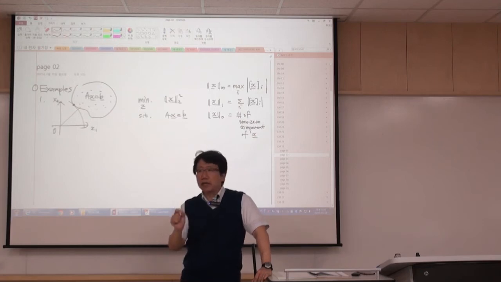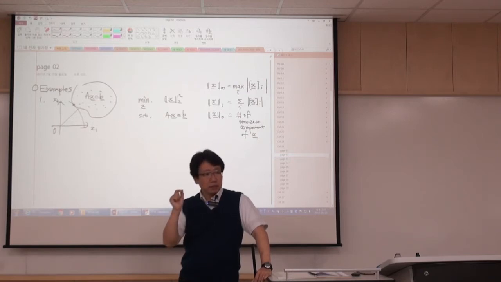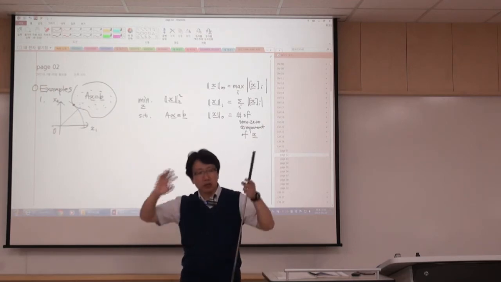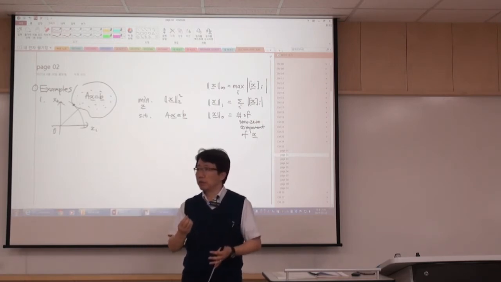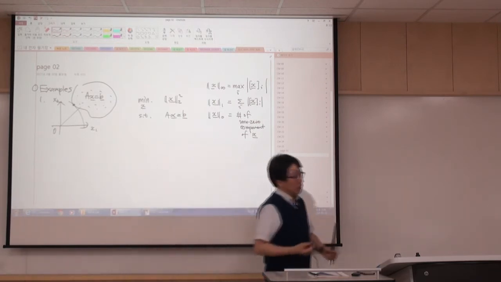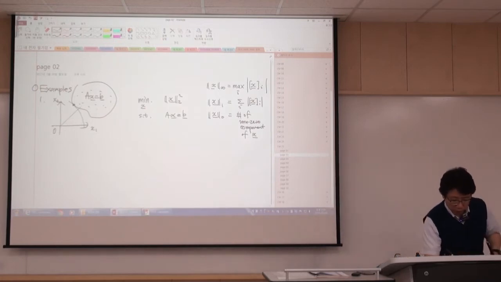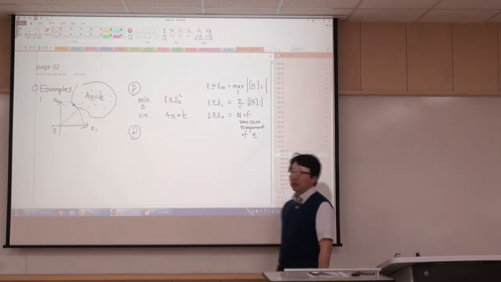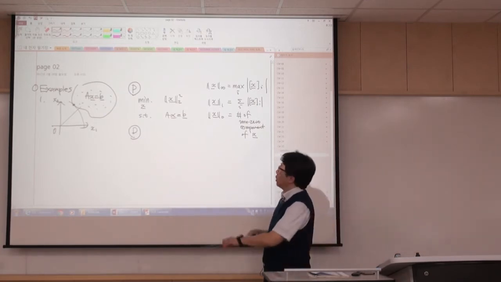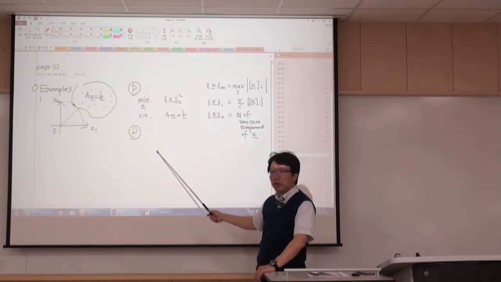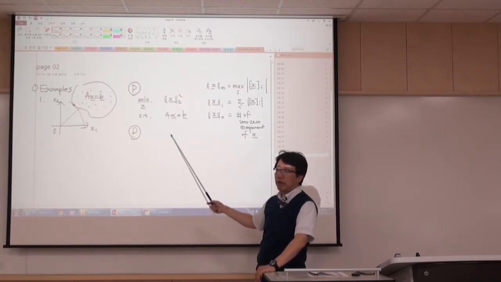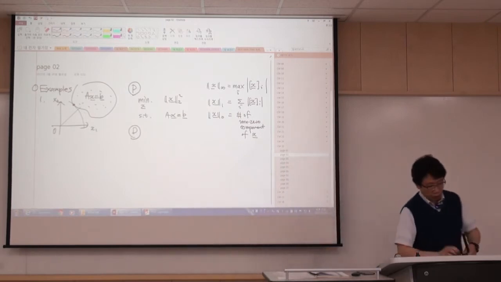If you can find the D star, that is the optimal objective function value of your dual problem, it may be very useful for you to claim that your numerical result is close to optimal. Right? So this is P, and let's formulate D. But as you know, we need to define the Lagrangian first before we find g. So what is the Lagrangian?